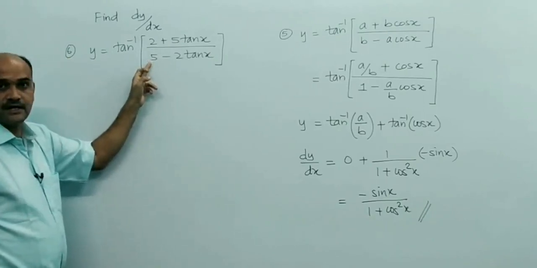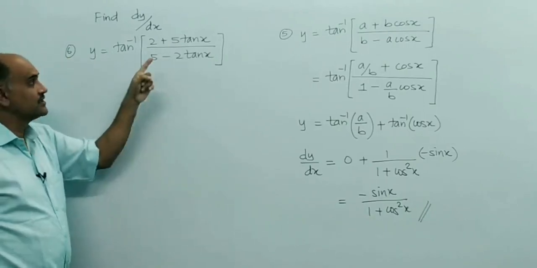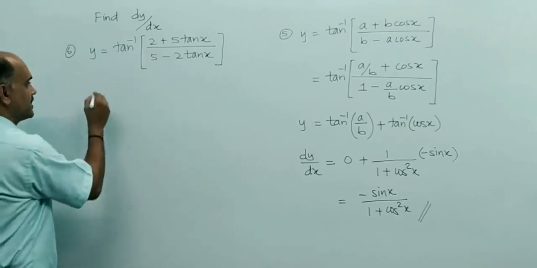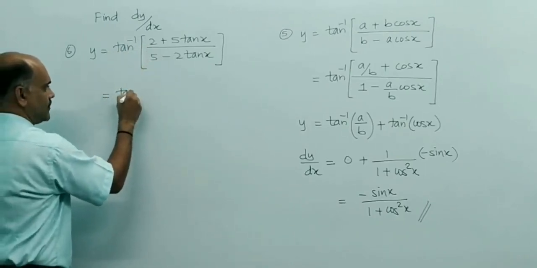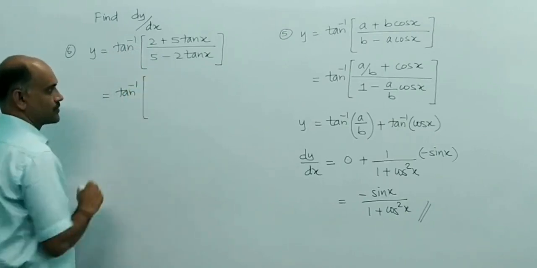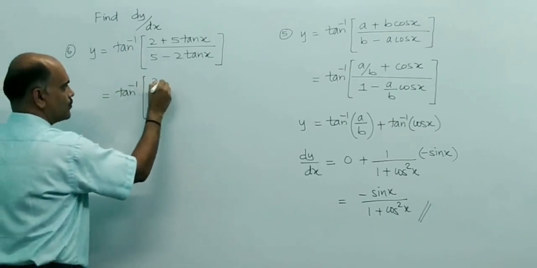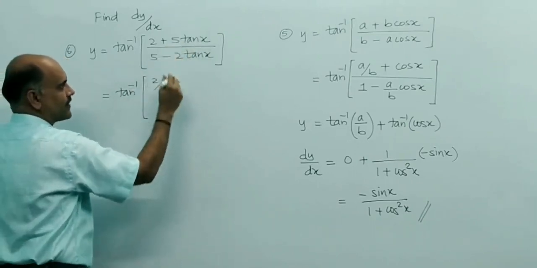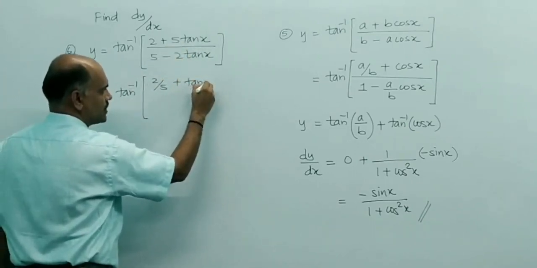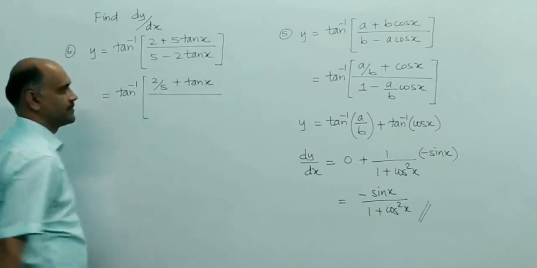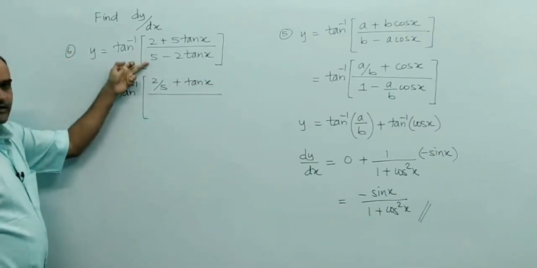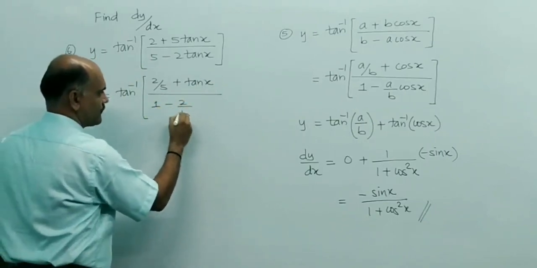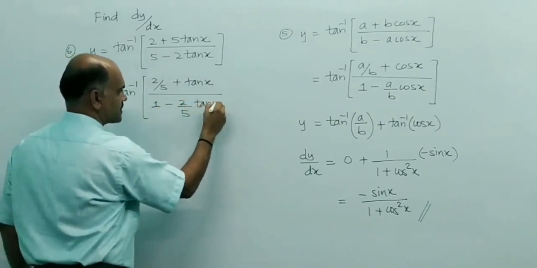Here 5 is there, so you should have 1. So divide numerator and denominator by 5. So you will have tan inverse of bracket 2 by 5 plus, if you divide by 5, 5 gets cancelled, you will have tan x, divided by, if you divide 5 here, this will be 1 minus 2 by 5 into tan x.